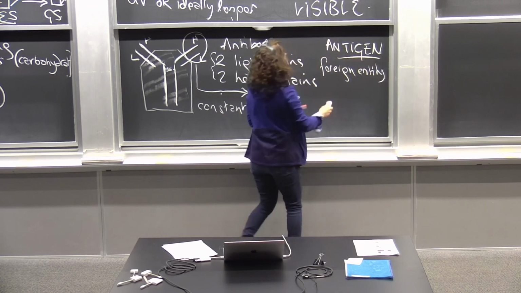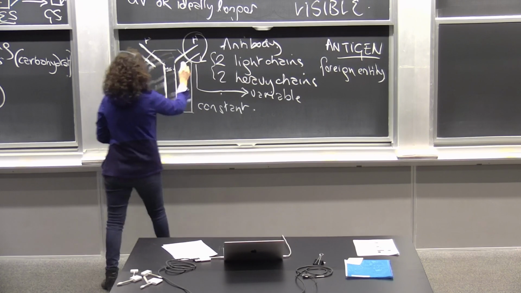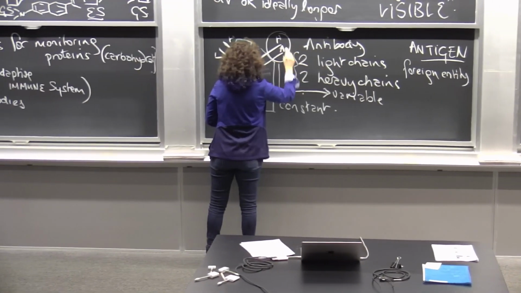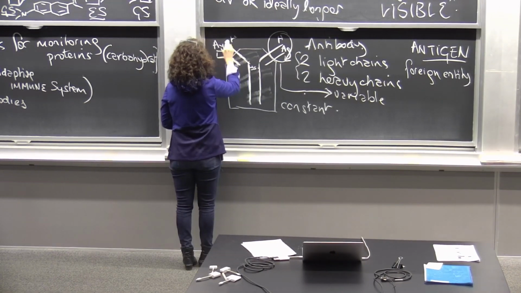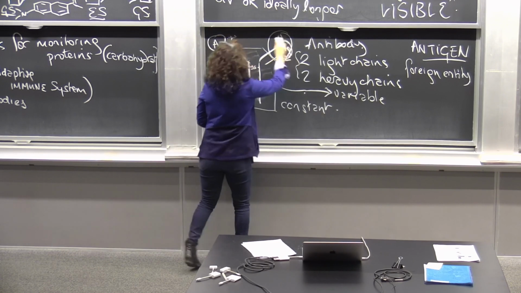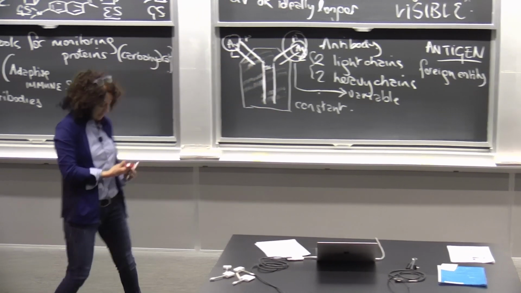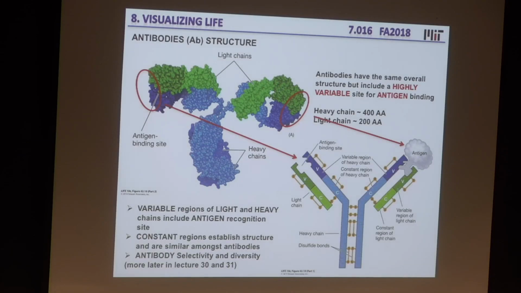The antigen binding site is right here at the tips of the antibody. And I think the picture up there is kind of clearer. Let's put that forward again. And you can see very specifically the structure.